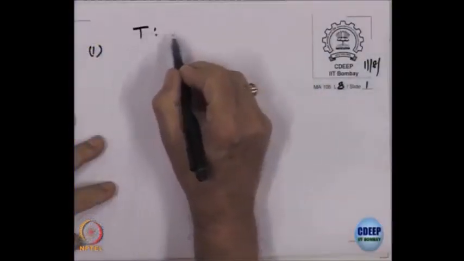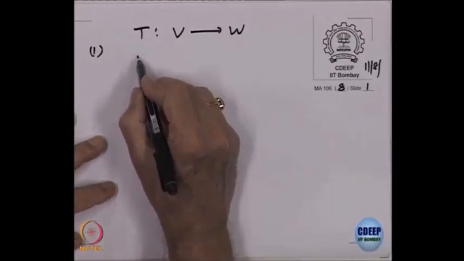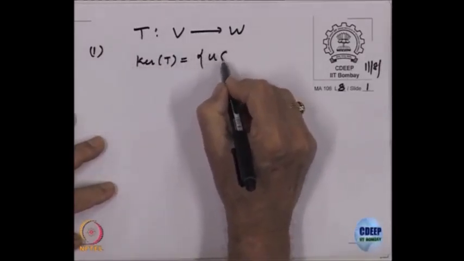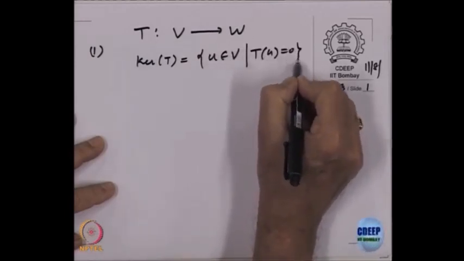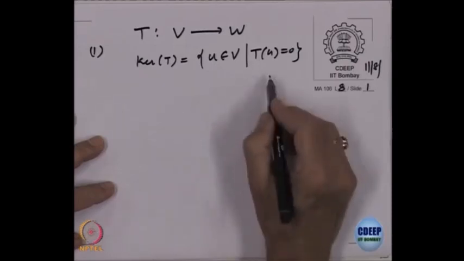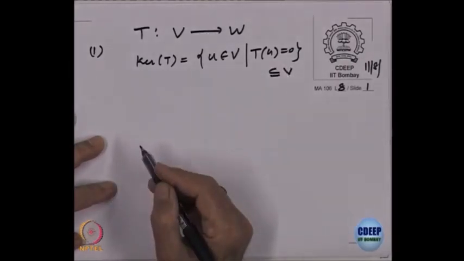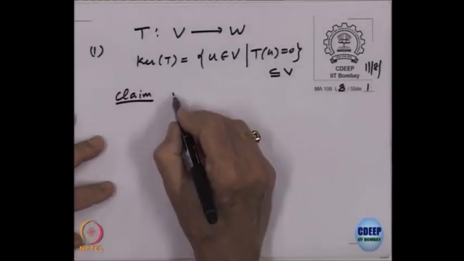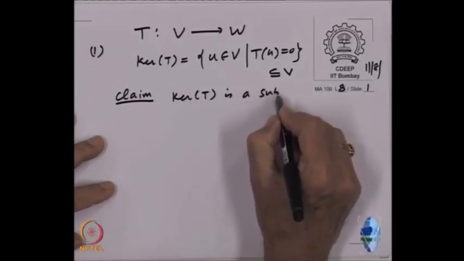So, the first one, T is from V to W, right. What is the kernel of T? That is equal to all u belonging to V such that T of u is equal to 0. As such this is a subset of V, right. So, claim: kernel of T is a subspace.